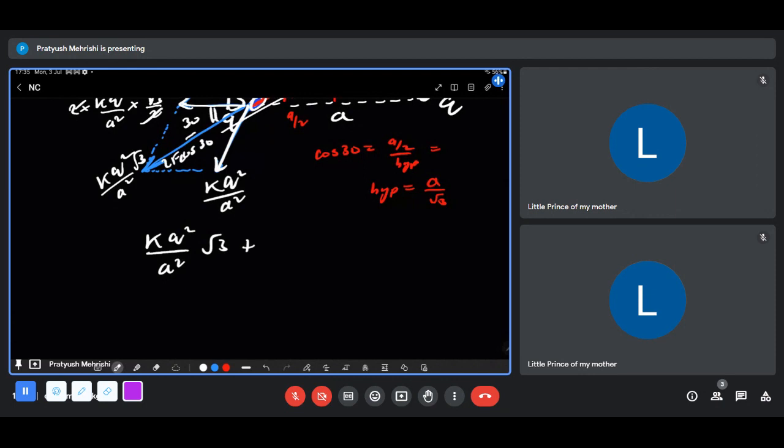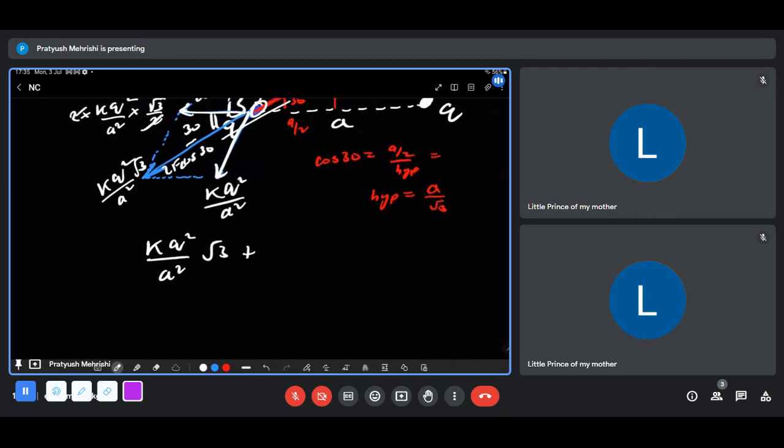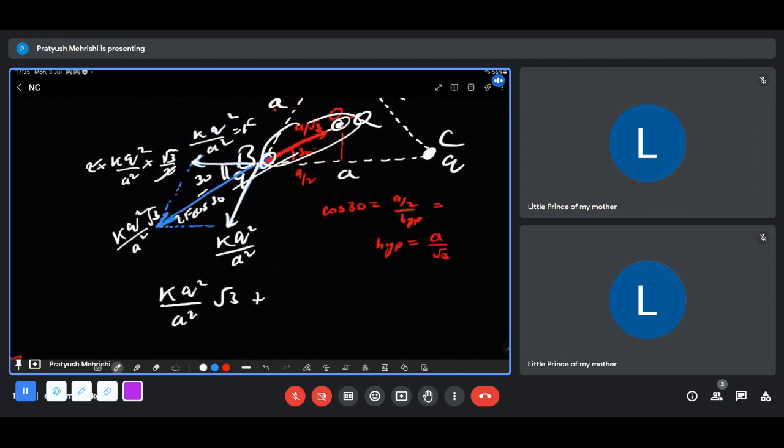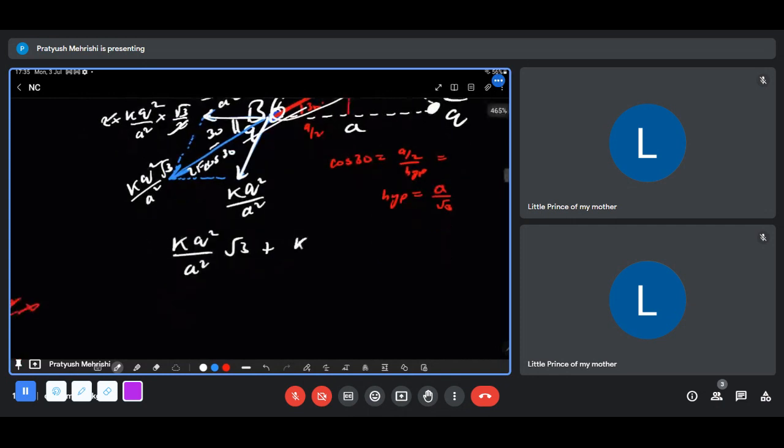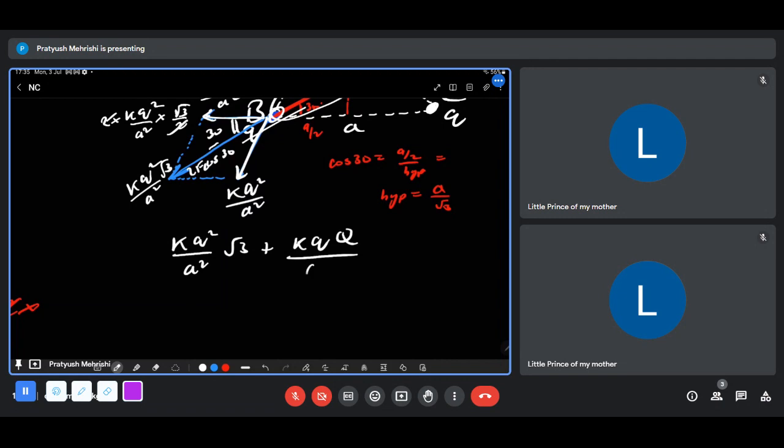This force plus the force which is this one, they must be 0. This force is K Q1 Q2 upon R square, means A by root 3 whole square. Take it on that side. We can write K Q upon A square by 3.